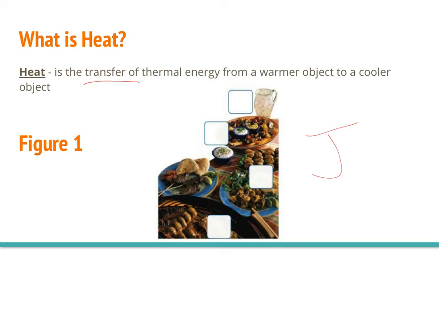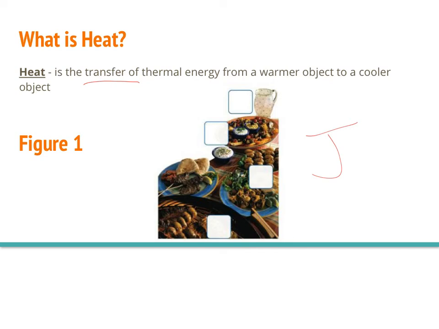When thermal energy is transferring in the form of heat, the warmer object will transfer thermal energy to the cooler object until both objects reach the same temperature, and then heat stops transferring.